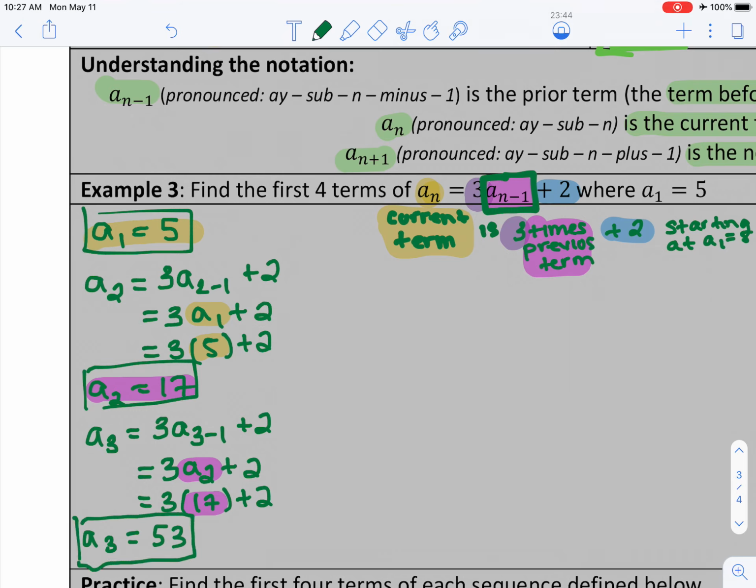The directions tell us to find the first 4 terms, so we're almost done. To find a sub 4, we're going to plug 4 in for n. That gives us 3 times a sub 4 minus 1 and then plus 2. That gives us that a sub 4 can be found by taking 3 times a sub 3 plus 2.